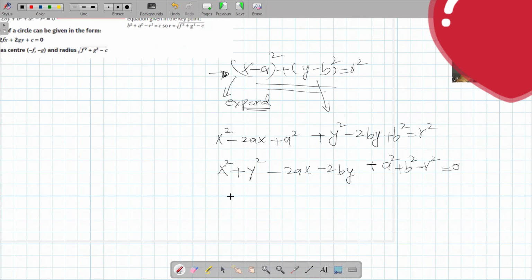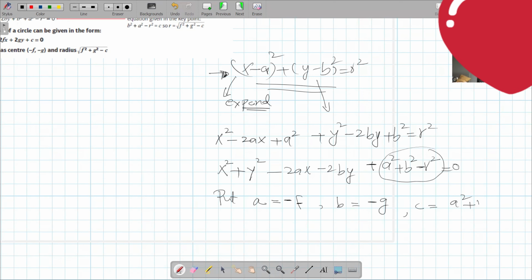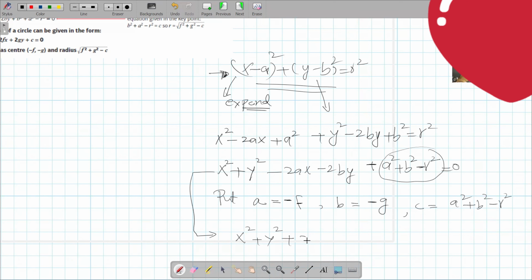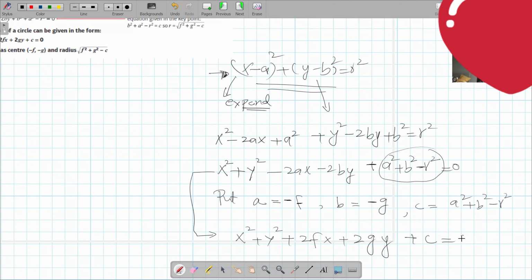Now, in this equation, if we substitute a equal to negative f, b equal to negative g, and small c equal to a squared plus b squared minus r squared, then the equation will be like this: x squared plus y squared plus 2fx plus 2gy plus c equal to 0.